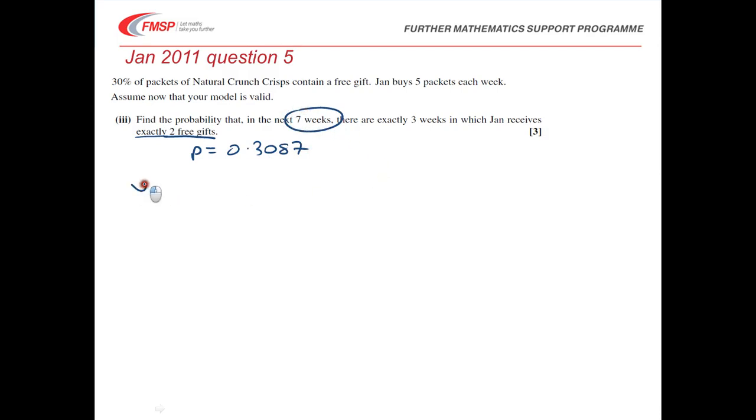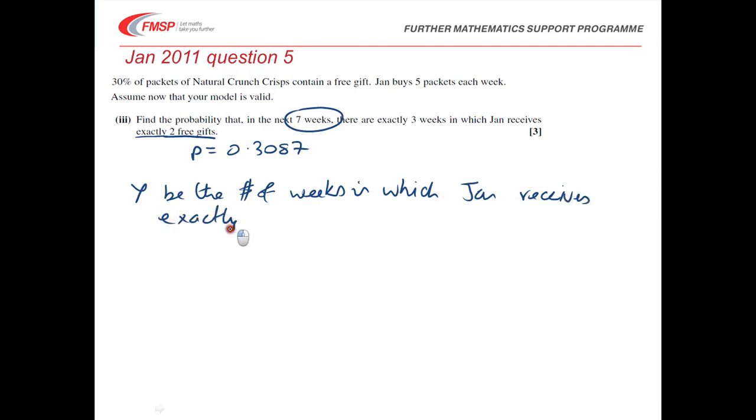So my advice is always redefine. So let y be the number of weeks in which Jan receives exactly 2 free gifts. Takes seconds to write, but it's really quite useful.